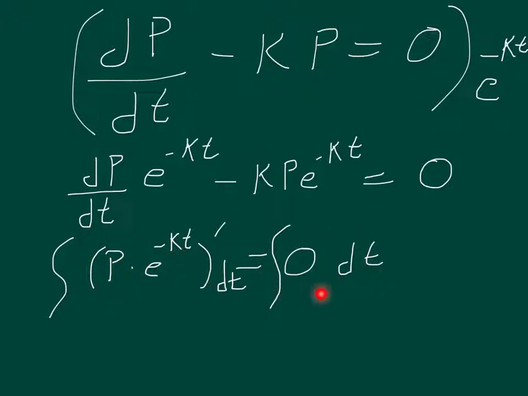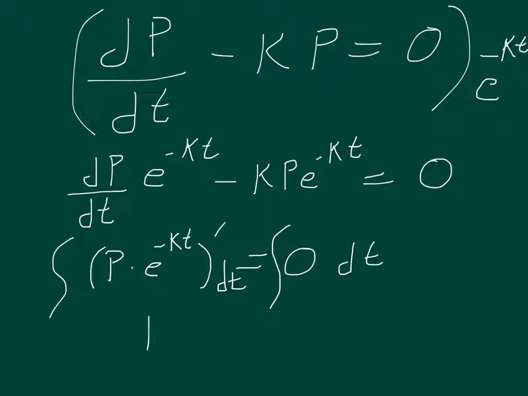On the other side, we have a constant 0, and that will become 0t plus c. The reason I say 0t is that if it were any other constant, it would have been that constant multiplied by t, plus c because this is an indefinite integral. And so we can go ahead and do that now.